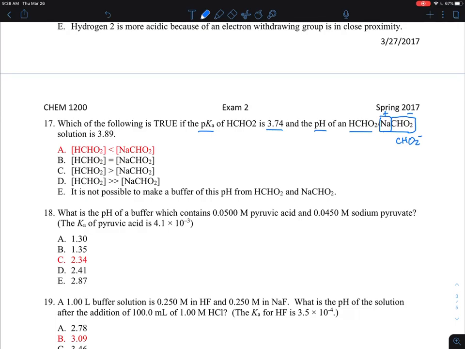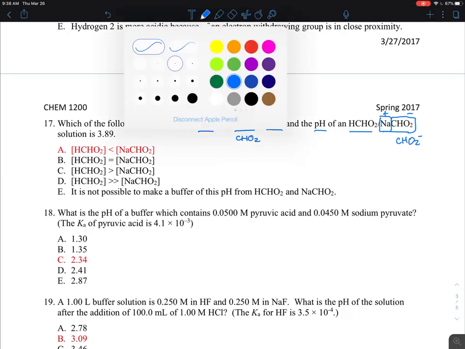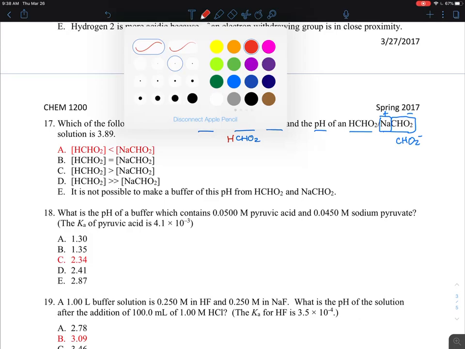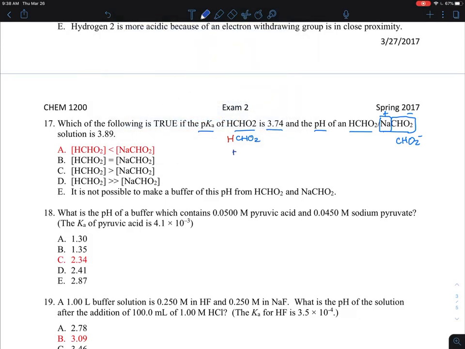So that's the compound that will be a conjugate base. And what you see here is CHO2. I'm going to use the same color that is shown on the right, and let's say I write an H. Do you see that now? So it is essentially a mixture of compounds, HA and A minus.